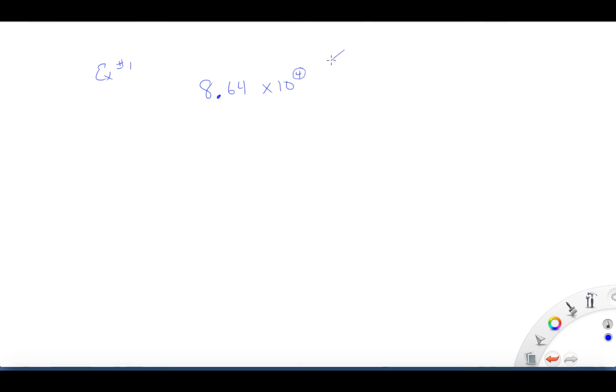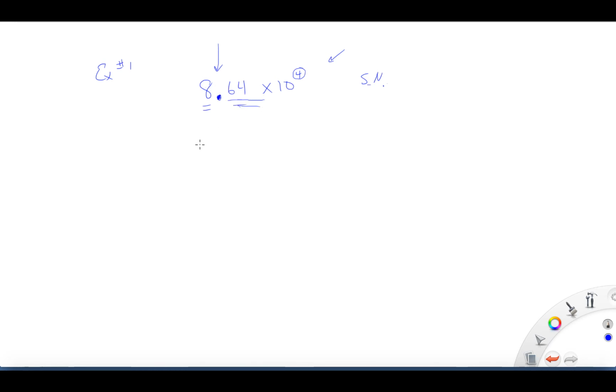So this is called scientific notation. I'll abbreviate it SN. I want you to notice scientific notation is specific to having only one digit on the left side of the decimal, and there can be all kinds of digits on the other side. It doesn't matter. It just matters that it's one.